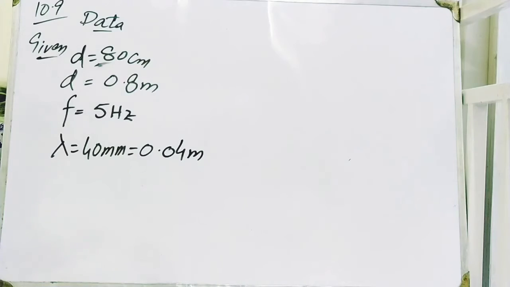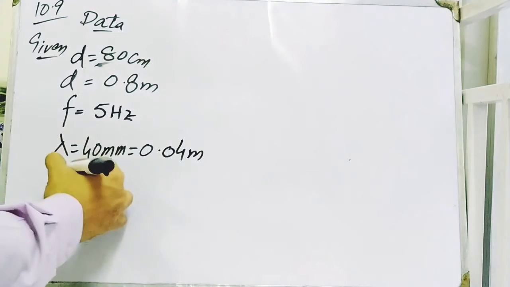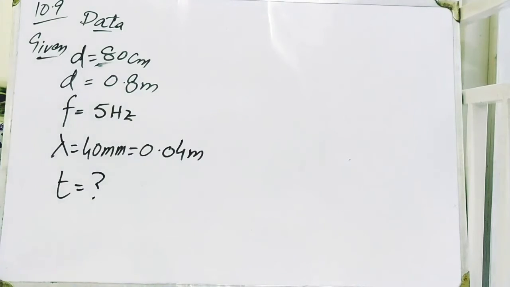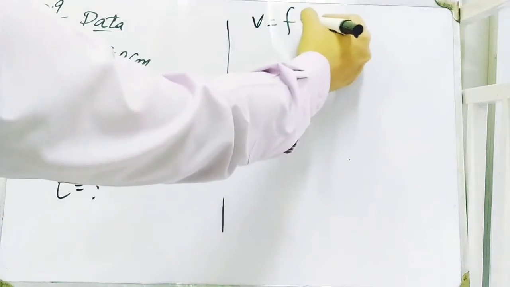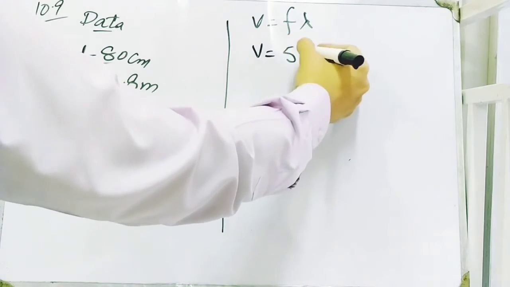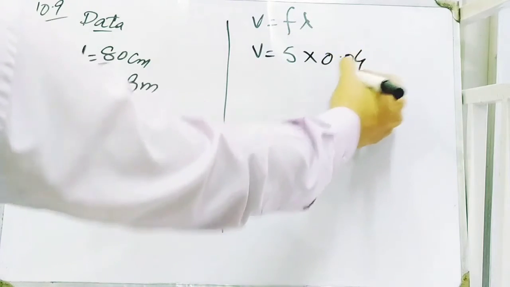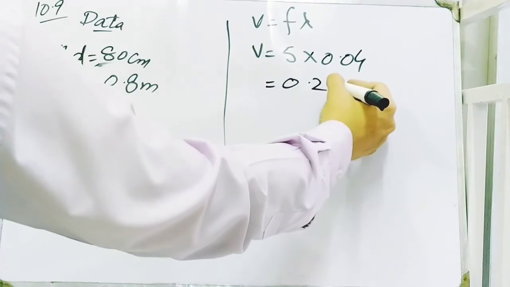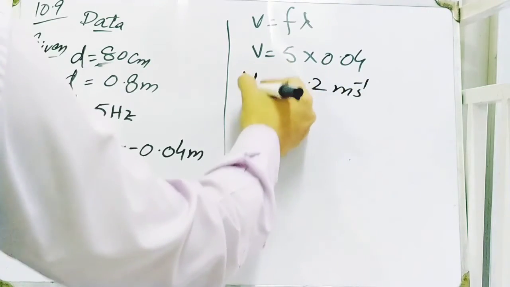We have to find the time taken by the waves to cross this ripple tank. So firstly we have V is equal to F lambda. So V is equal to F, 5 Hz, and lambda is equal to 0.04. In this situation the answer will be 0.2 meter per second.